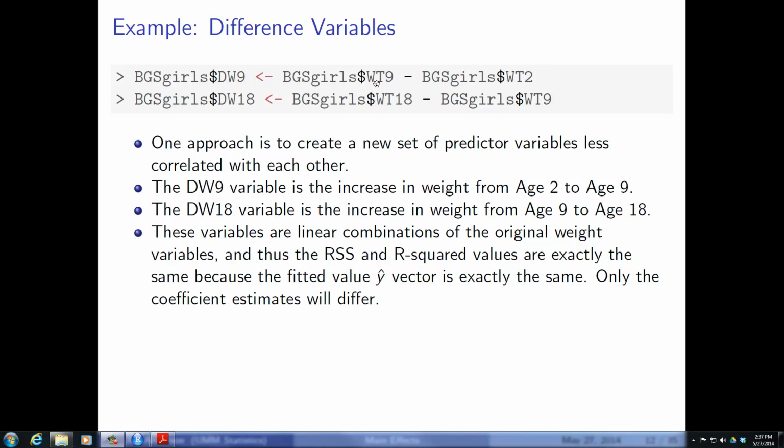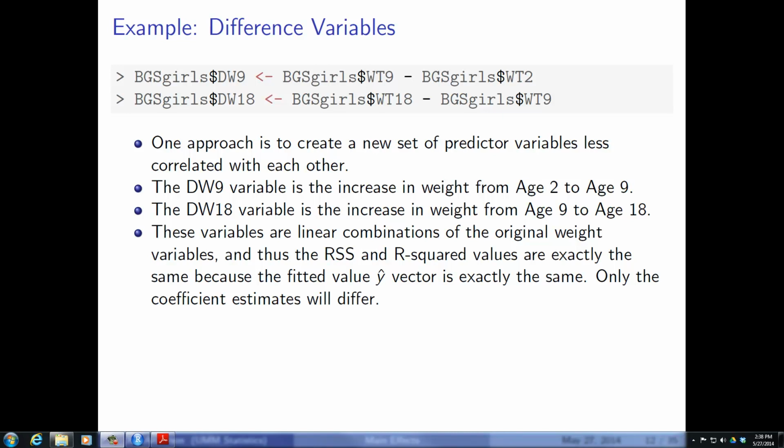How much weight increase has there been from 2 to 9? And the same kind of variable, DW18, which is the difference, or the increase, in weight from age 9 to age 18.